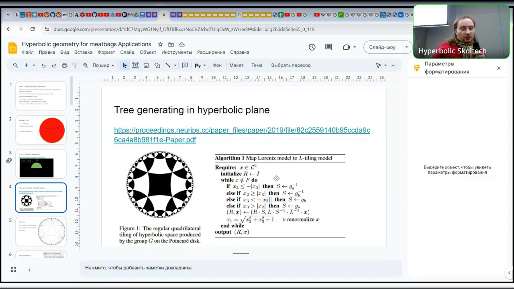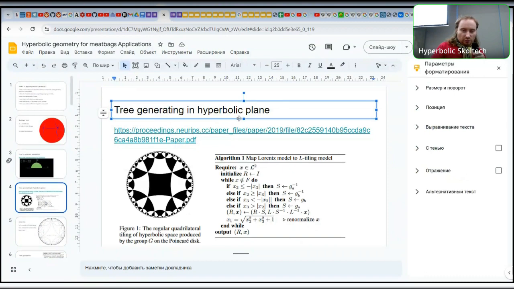Now what we do here is try to embed any tree in hyperbolic space. Maybe not actually. Let's improve my presentation. So what is it doing?